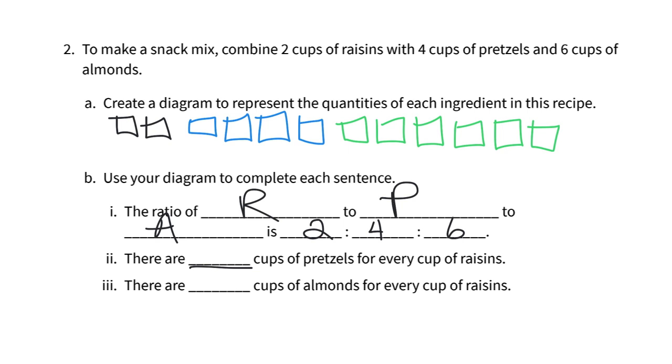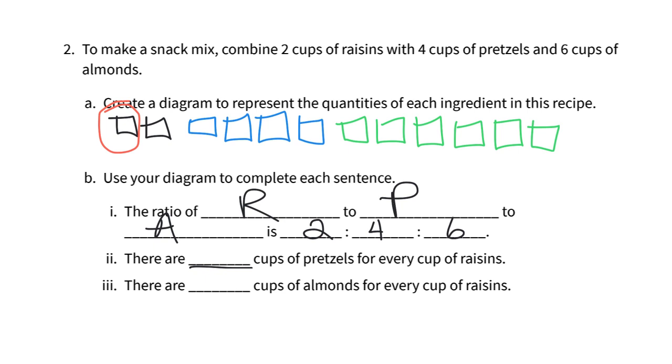So for this cup of raisins, there are 3 cups of, oh, no, it's the pretzels. It's the pretzels. Oh, yikes. How do we undo? Is there an undo? Oh, yep, there's the undo.